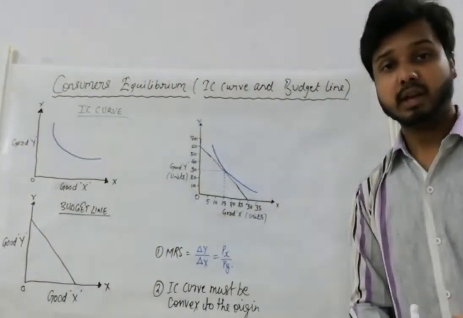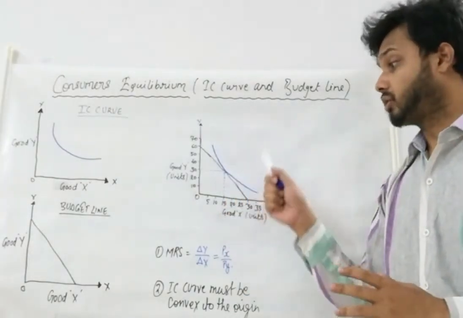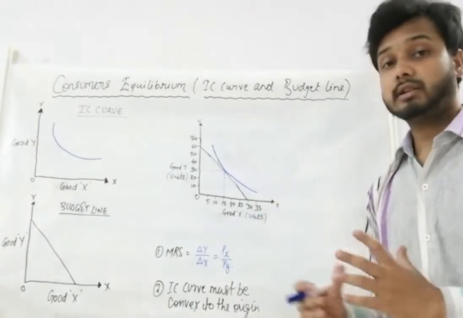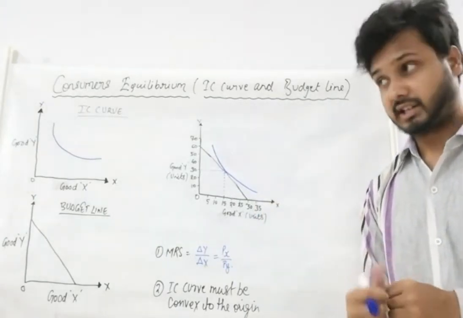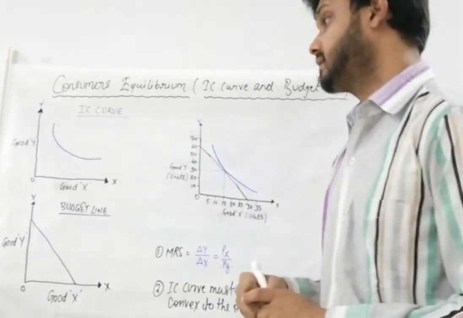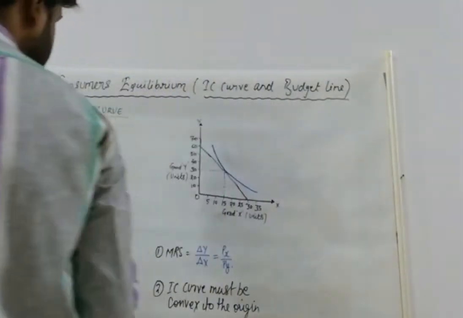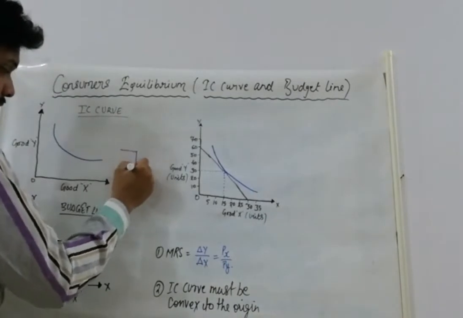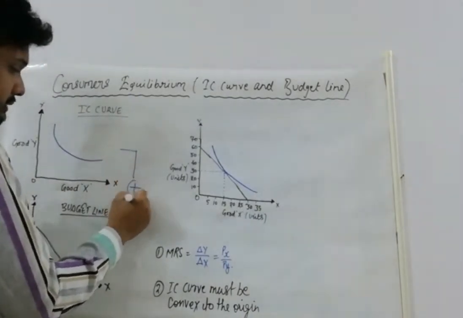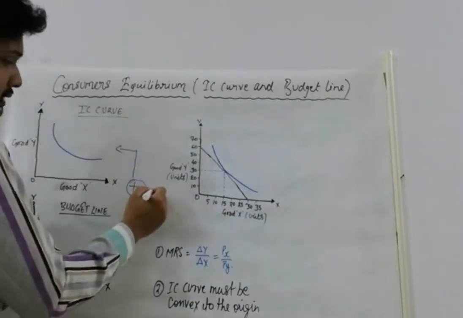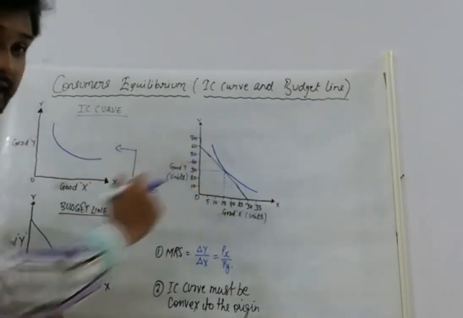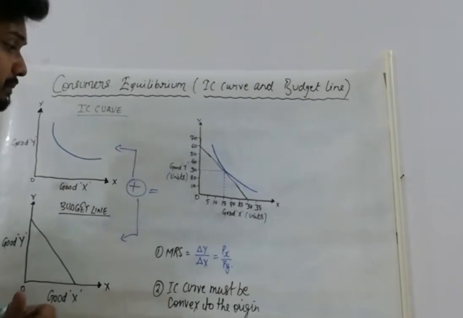Consumer's equilibrium, we know, is the combination where the consumer gets the maximum level of satisfaction. So let us see this. Indifference curve plus budget line, using these two we are getting the level of equilibrium.